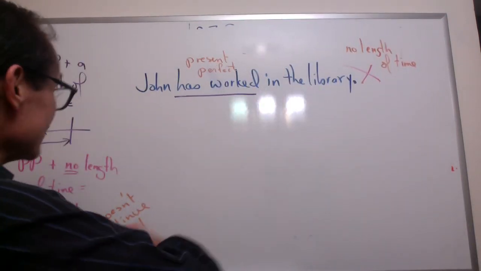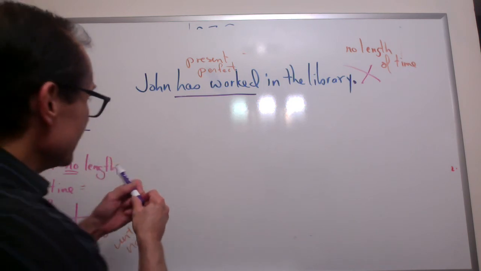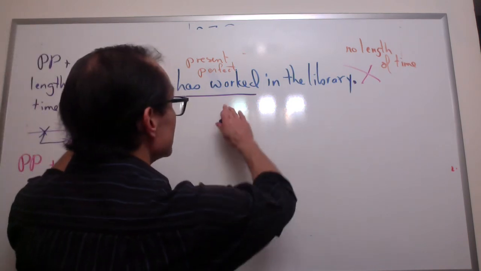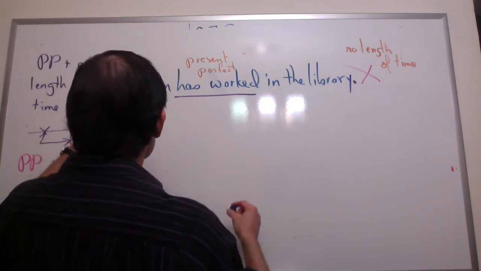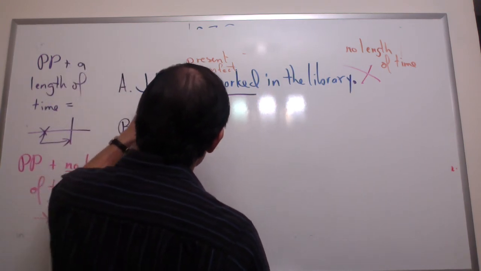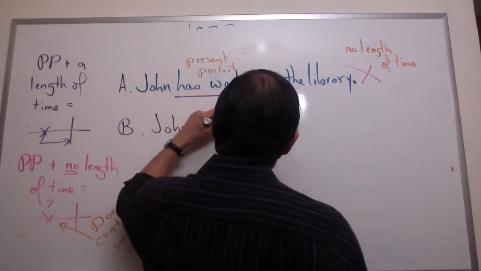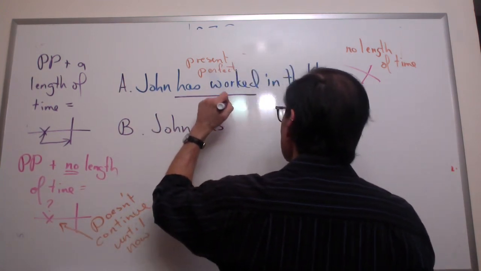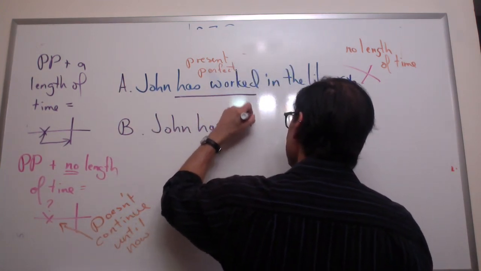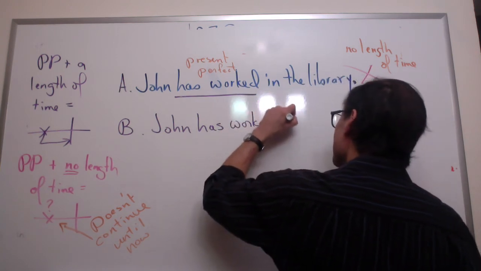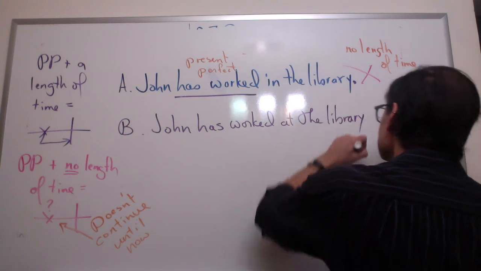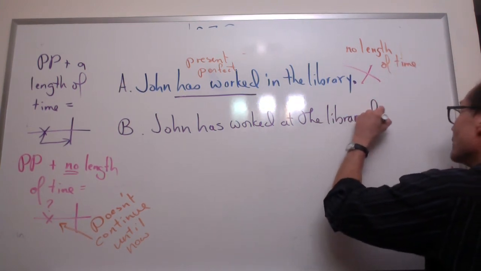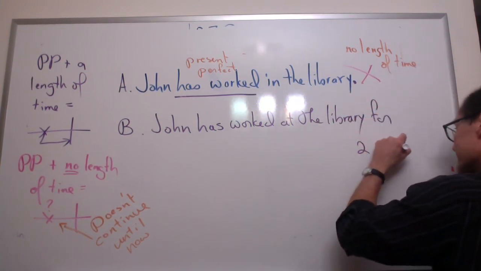Okay, so, but let me write this up here. So we'll have sentence A be John has worked at the library. Sentence B, John has worked at the library for 2 years.